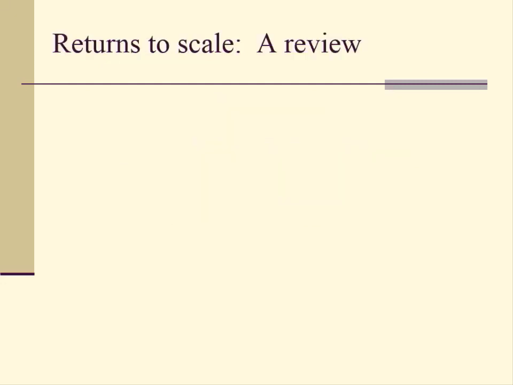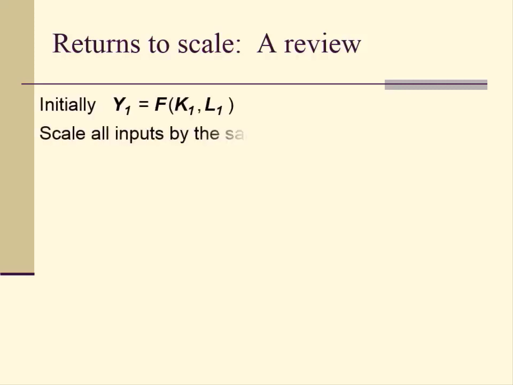Our simple production function, Y equals F of K and L, depicts the relationship between capital and labor and the output. Initially, let's say output Y sub 1 equals F of K sub 1 and L sub 1. Then let's scale all inputs by the same factor Z. In other words, you multiply K sub 1 times Z, you get K sub 2.